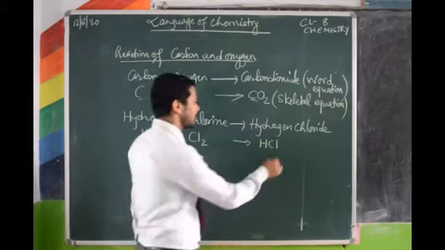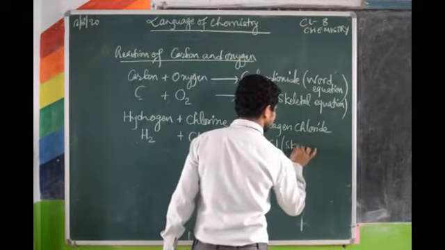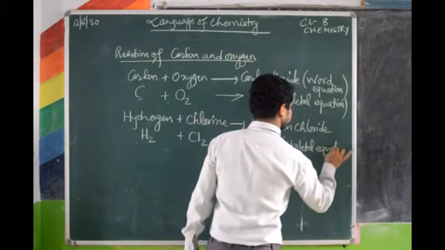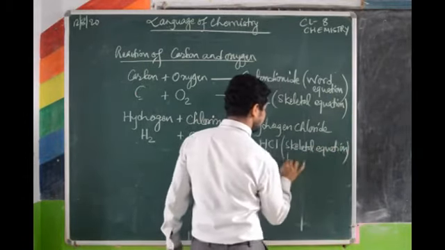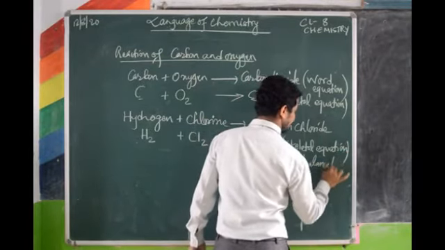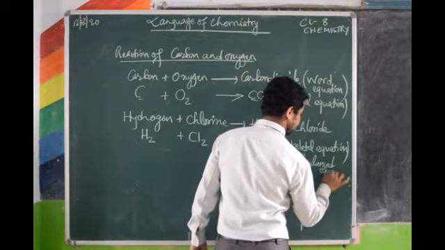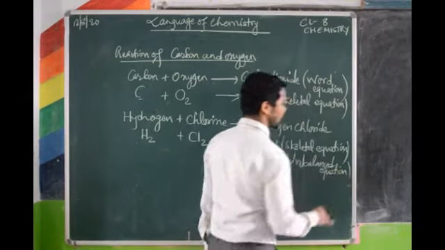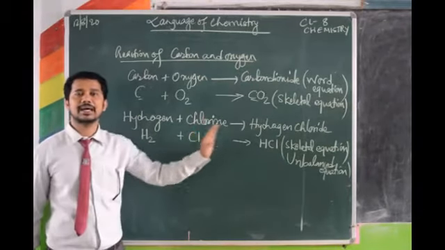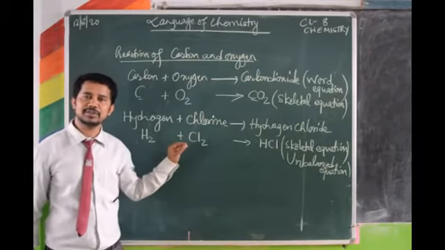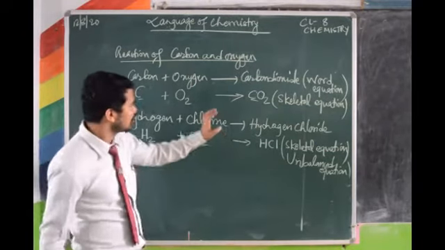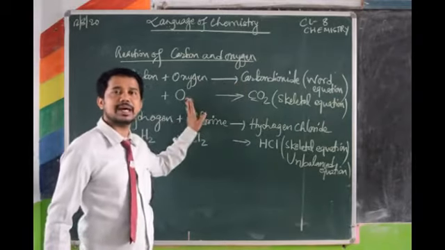So this is a skeletal equation, and it can also be called an unbalanced equation, because the number of atoms of each element on both sides is not equal. But the earlier skeletal equation itself is balanced.